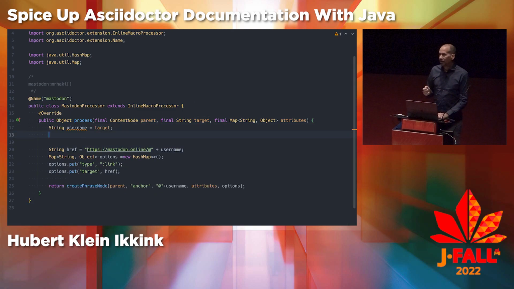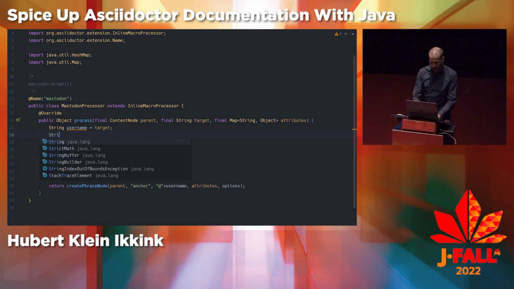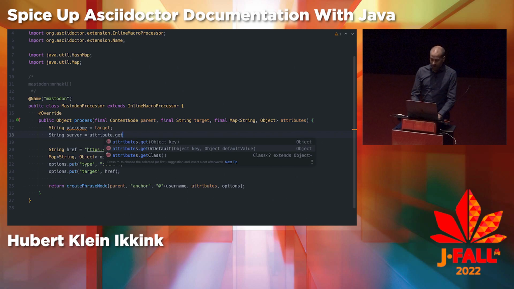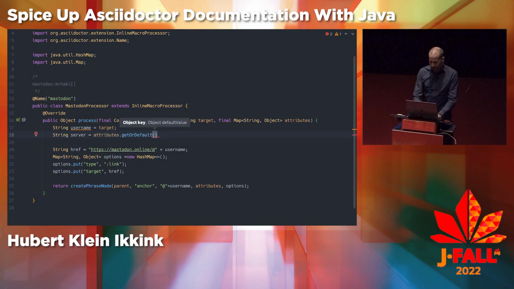When you look at the list of input arguments, the last one, attributes, will have the value of server because that's the one we used, right? So I can just say attributes get or default, or just get. Could be nice to have a default also. First is the server, that's the name we just used. And then let's default back to mastodon.online, so when it's not provided, it will be mastodon.online.